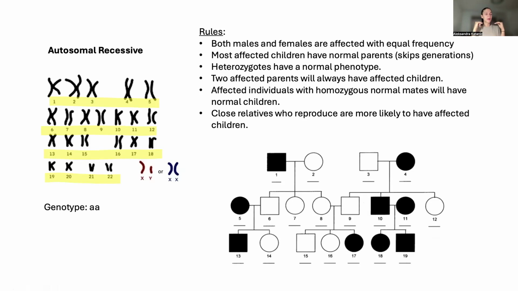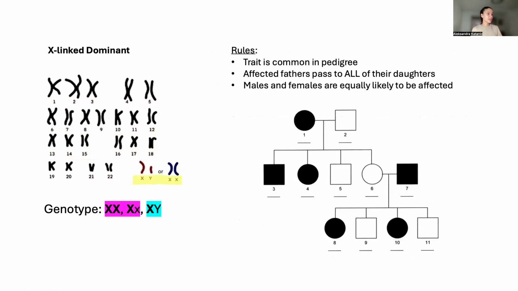But if two relatives produce children, their genetic makeup is a lot more likely to be similar, right? So if there is an increased likelihood that mum and dad are homozygous recessive, their children will all be affected because there's no dominant allele to donate. Okay, that's autosomal recessive. Let's move on.